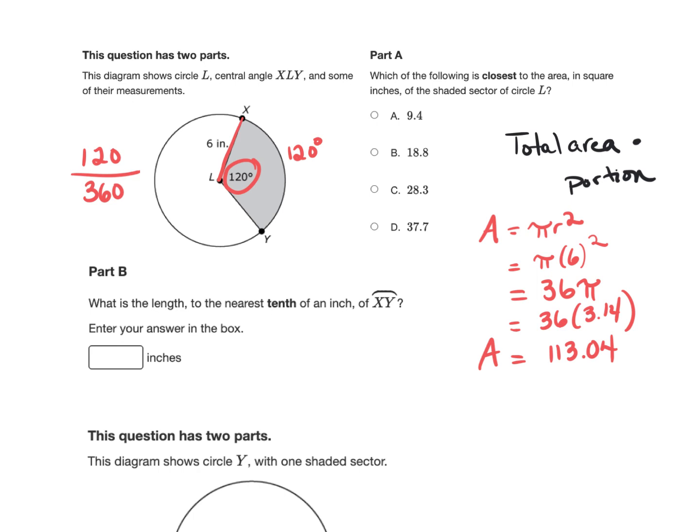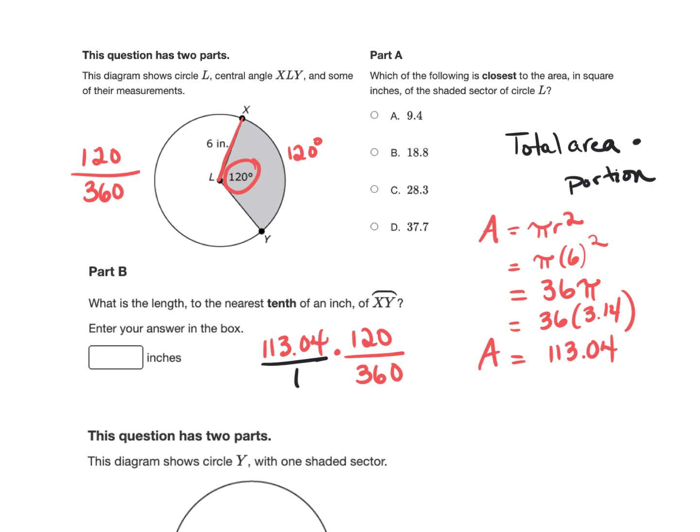So to get the area of just the shaded region, I'm going to take 113.04 and multiply it by 120 over 360. Now, remember, when we multiply by fractions, put the whole number over one and multiply straight across.